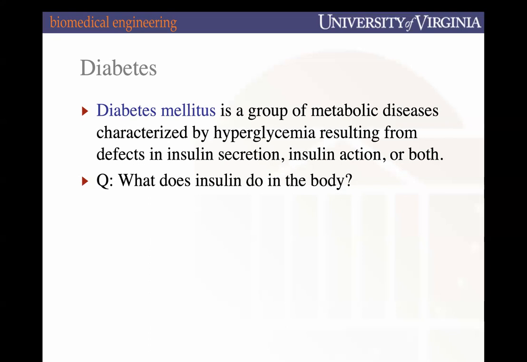So all of our cells have insulin receptors on them. There are some cells in our bodies that have slightly more, but all of our cells, because of the bioenergetics required to carry out their functions, have receptors for insulin. When we consume or take in glucose, there's a release of insulin.